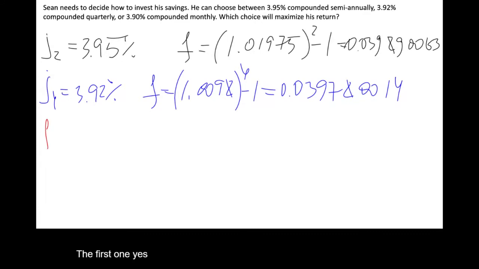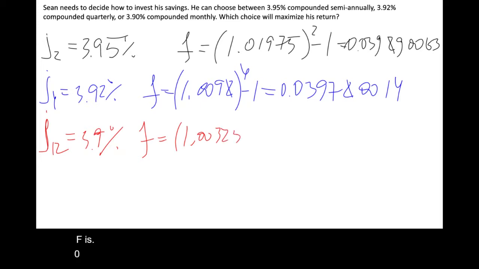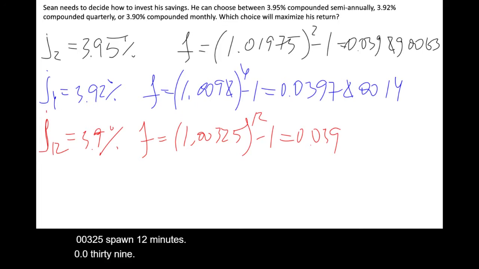So J12, 3.9%. So F is 1.00325, exponent 12 minus 1, equals 0.039704733.